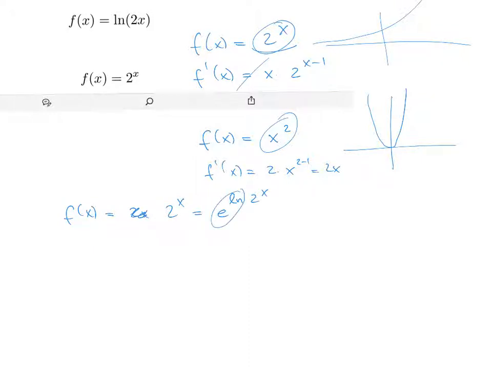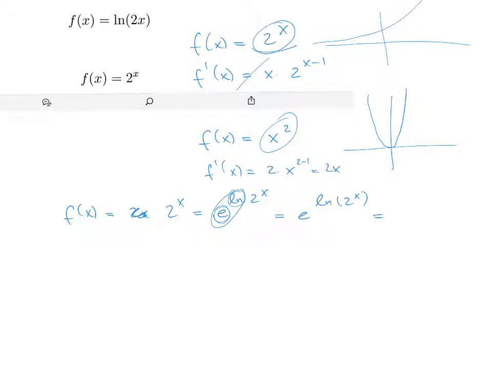Well, e to the natural logarithm is actually not doing anything, because I'm performing a function and then again the inverse. So this is correct. But why am I doing this? Why is this helping me?